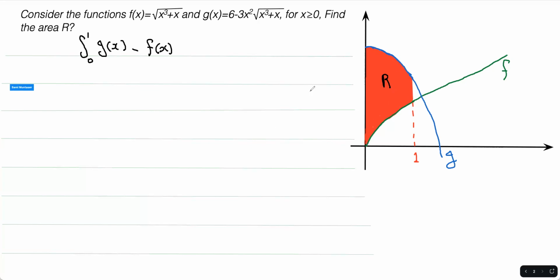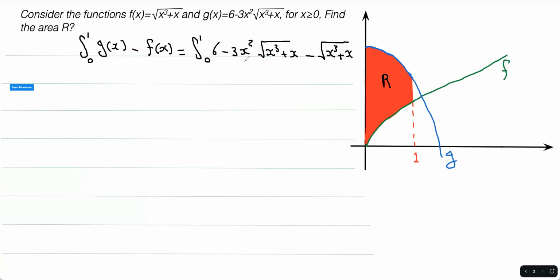So that's why it has to be g of x minus f of x, which in turn will be the definite integral between 0 and 1 of 6 minus 3x squared, square root of x cubed plus x, and then minus f of x, which is the square root of x cubed plus x.